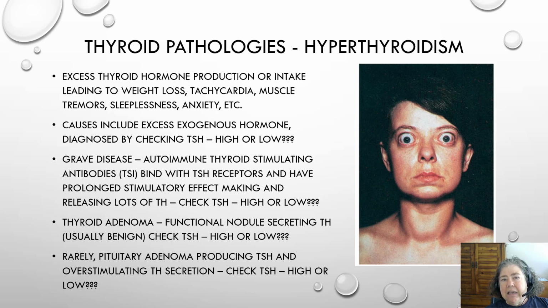But ultimately, it's treated by destroying the thyroid gland. And that's done either by giving radioactive iodine, an iodine isotope that is taken up by the thyroid gland and kind of by local radiation therapy kills those cells so that the thyroid goes away, or occasionally by surgically removing the thyroid, although that's much less common in the current era.